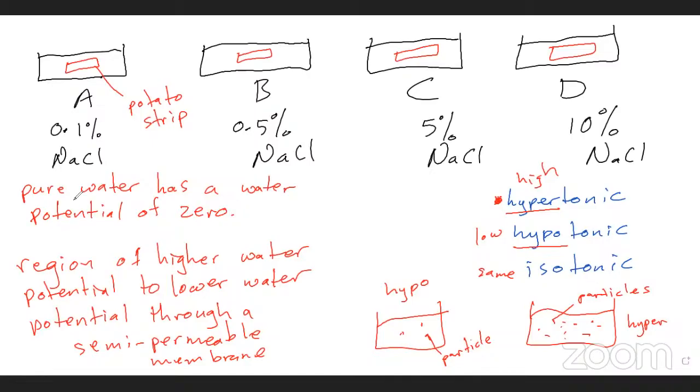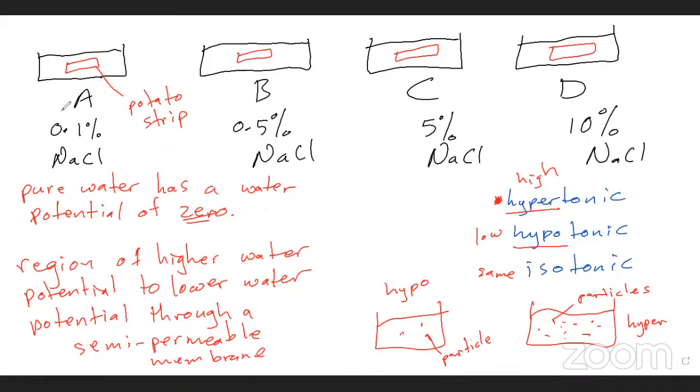Pure water here means that nothing is present in it, it's just H2O. Once you start adding something to the water, its water potential is going to decrease. All right. So the higher the water potential, the water will move from where it is higher.